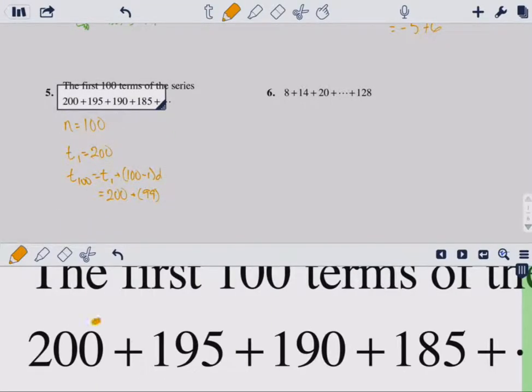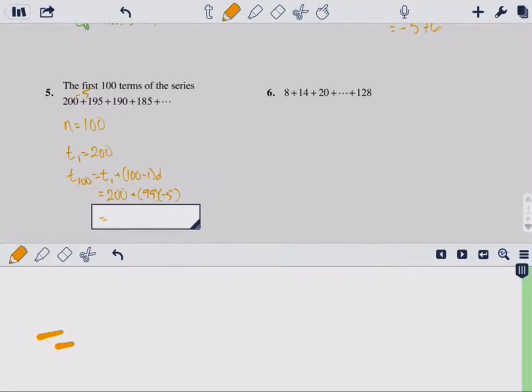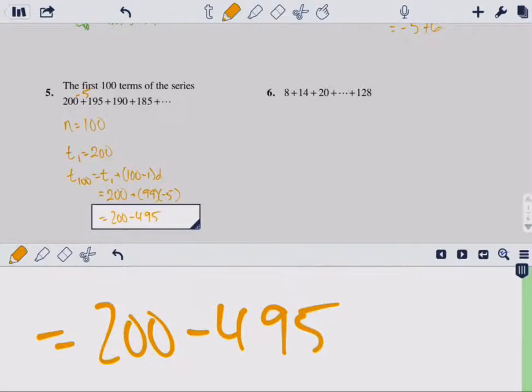What's happening here? We're subtracting 5, so minus 5. Okay, and so 99 times a negative 5 is negative 495, and 200 minus 495 is equal to negative 295.